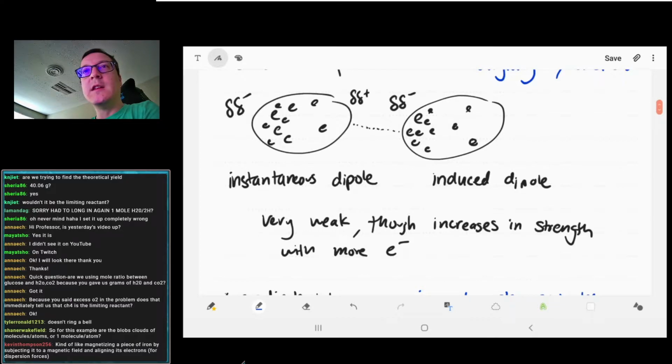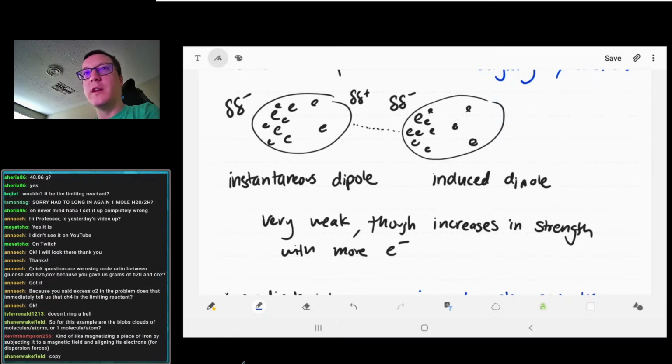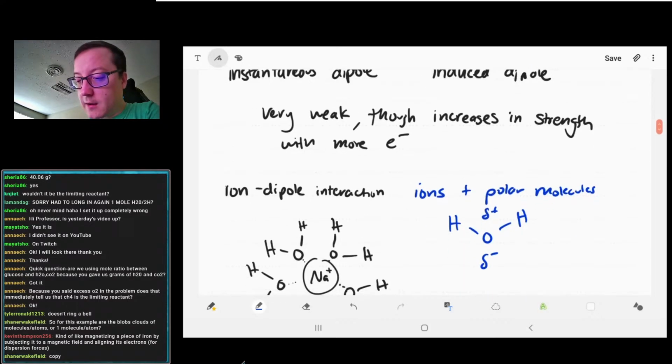So Shane, these could be either molecules or atoms. Doesn't matter. I think I misread your question. These would be one molecule or atom interacting with another molecule or atom. So whether those are just an atom with all these different orbitals or a molecule with all those different orbitals, one of each. Cool. Alrighty.